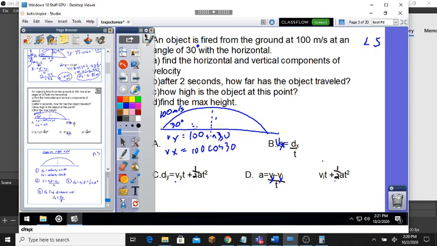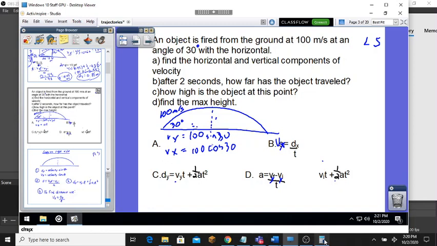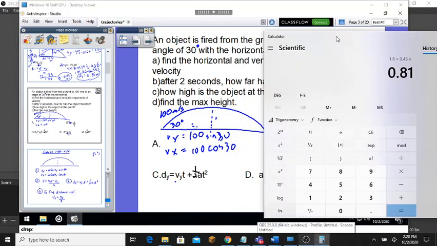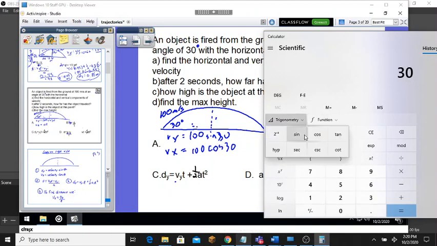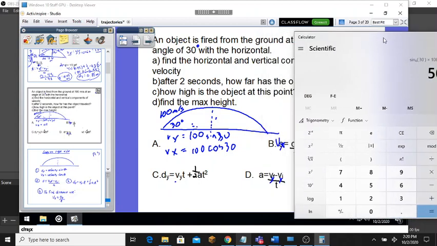Okay, so now let's start off here with the calculator. You've got to put in the angle first if you're doing it here. So 30 sine times 100. And that gives me 50.